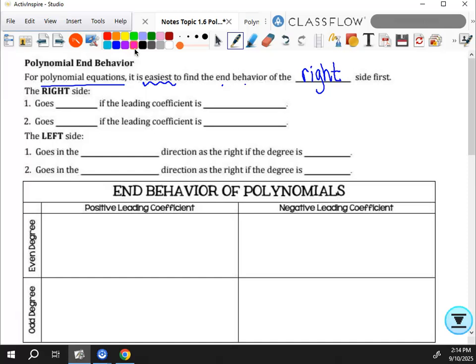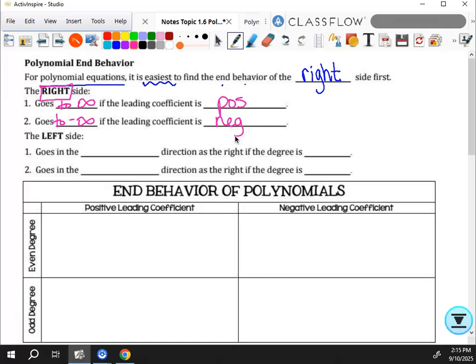Okay. So if the right side goes to infinity, then the leading coefficient is positive. If the right side goes to negative infinity, the leading coefficient is negative.